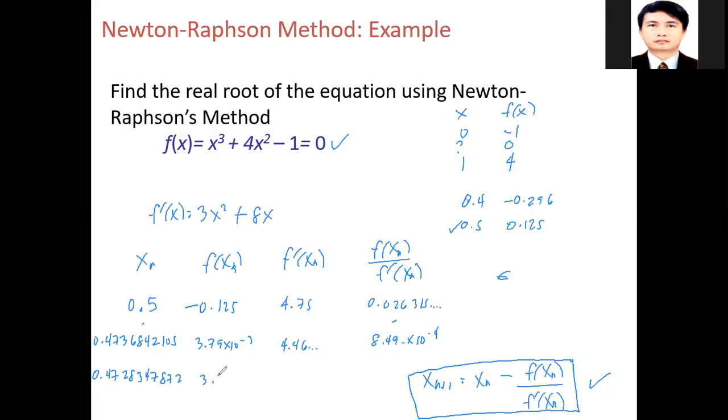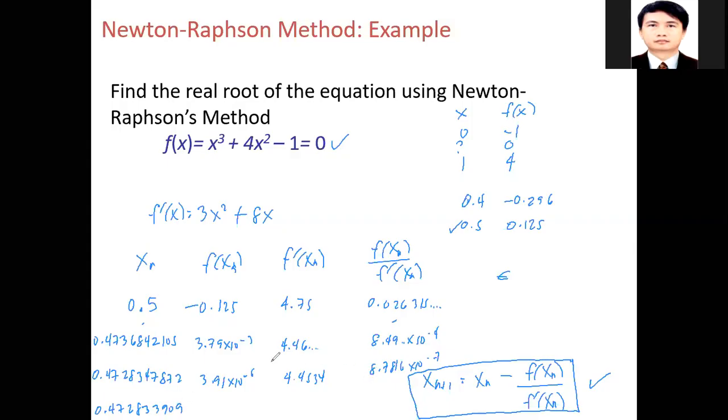If we continue the process, this will give us the following values. Then 8.7816 times 10 to the negative 7. So the next value is 0.472833909.